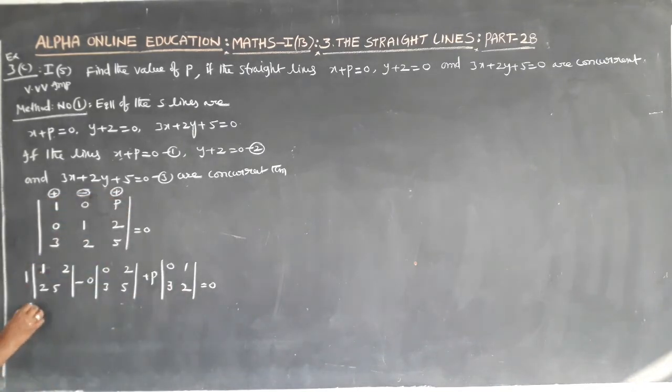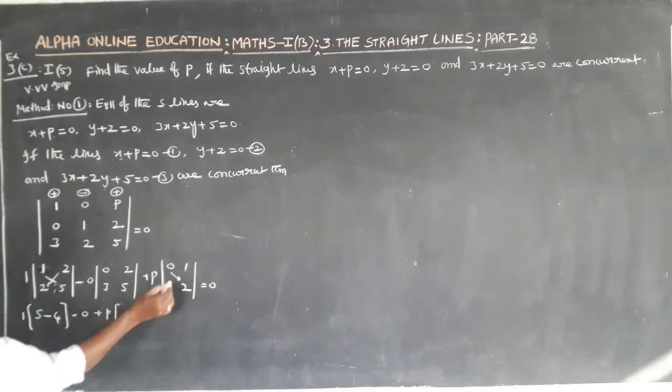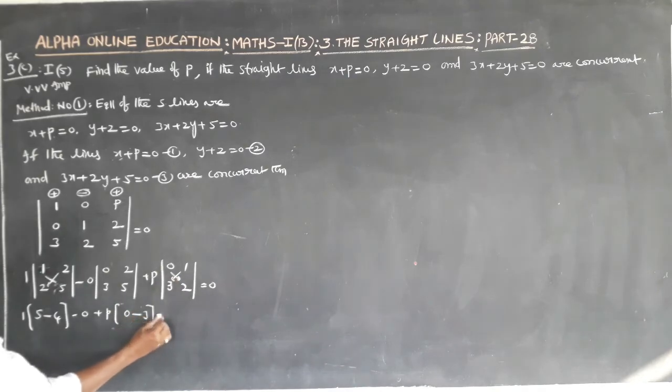Expansion: 1 into (1 times 5 minus 2 times 2), minus 0 into something, plus p into (0 times 2 minus 1 times 3) is equal to 0.